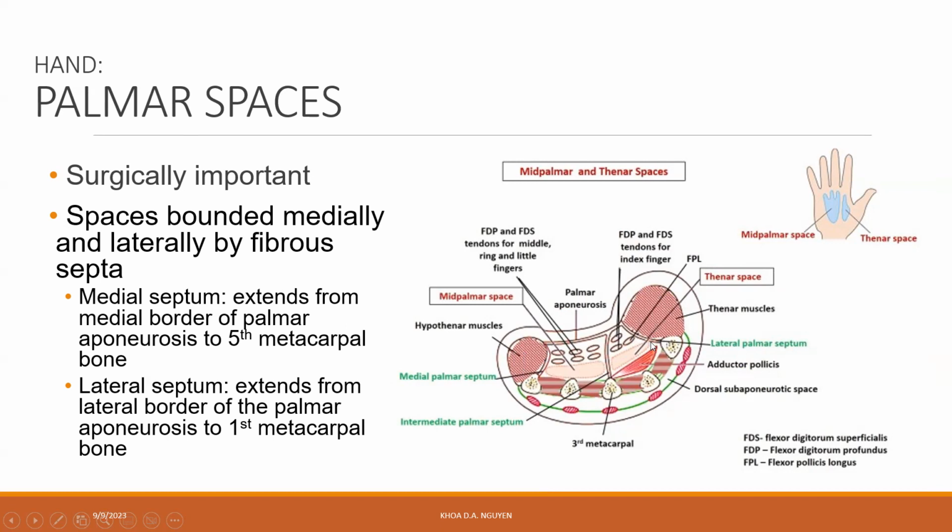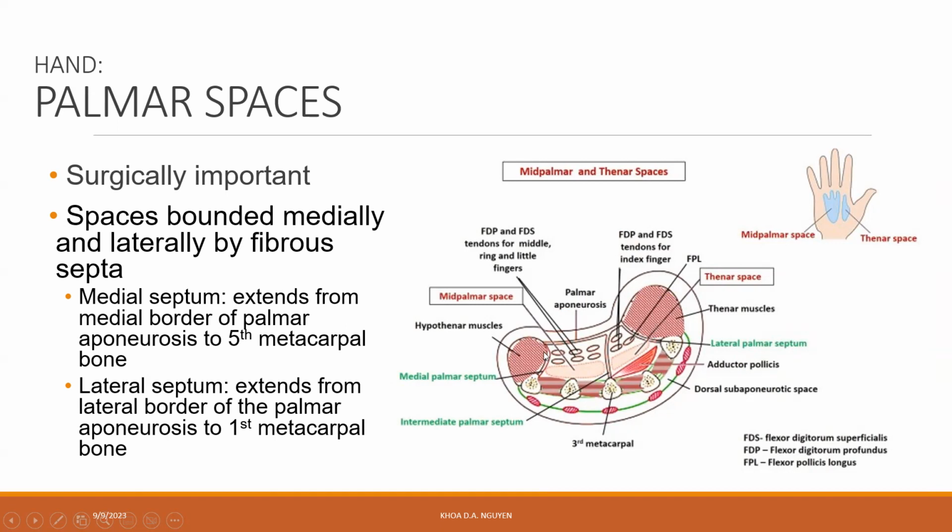Like, for example, you have two prominent septa, or two prominent walls within this palmar surface of the hand. Number one, you have the lateral palmar septum. So the lateral septum is the one that extends from the lateral border of the palmar aponeurosis, which is right here, over to the first metacarpal bone, right here.